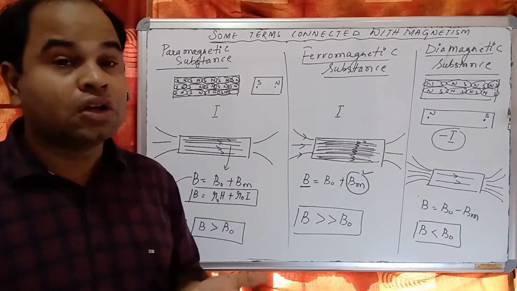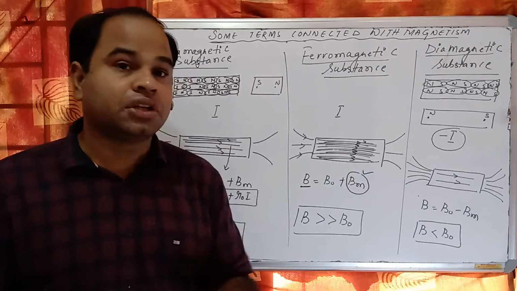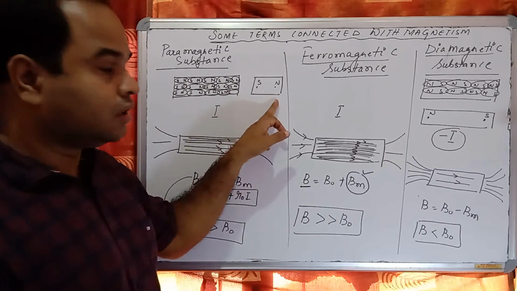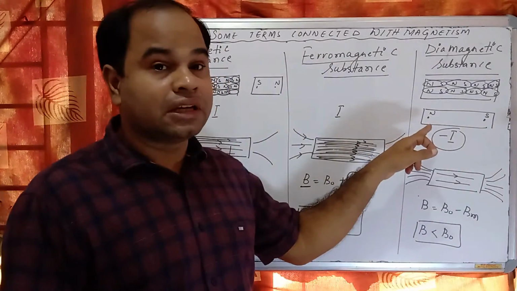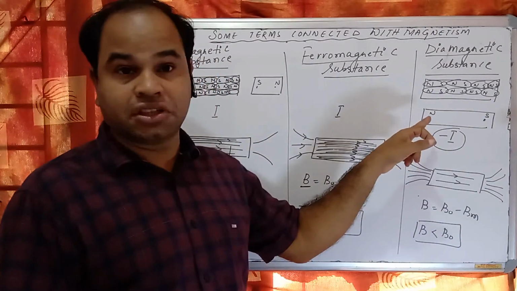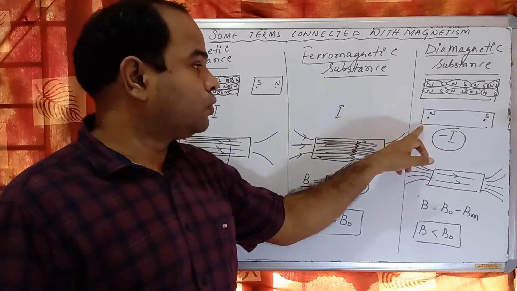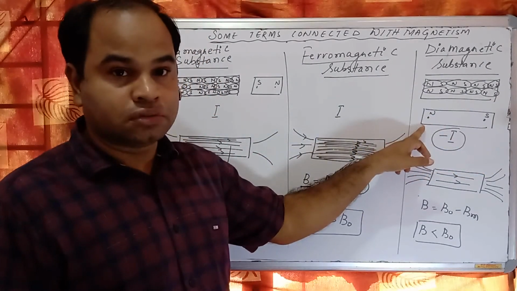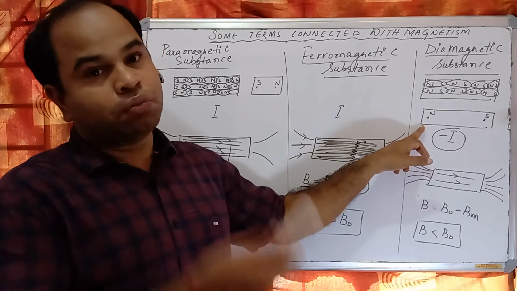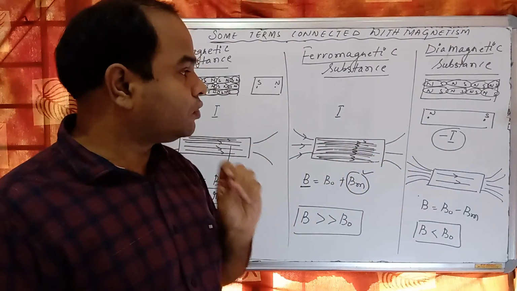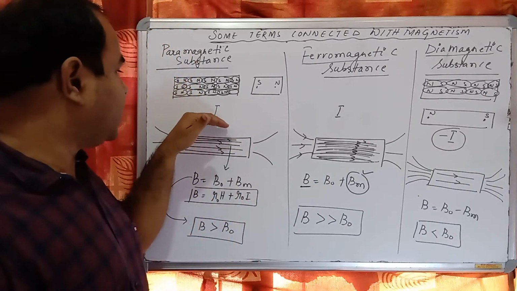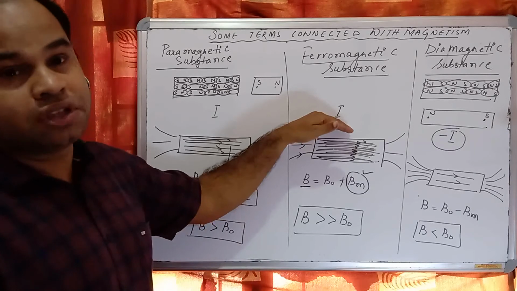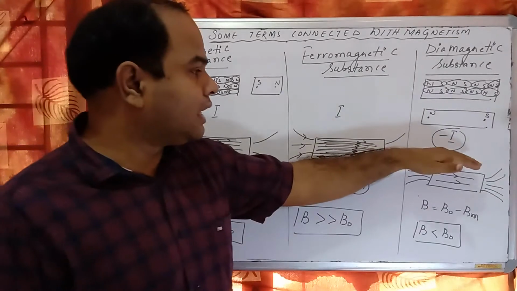Since they are aligned opposite to the direction of the external magnetic field, they will have poles in the opposite direction. So the I is negative.